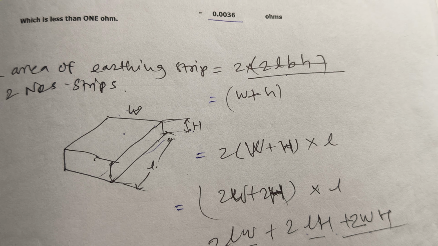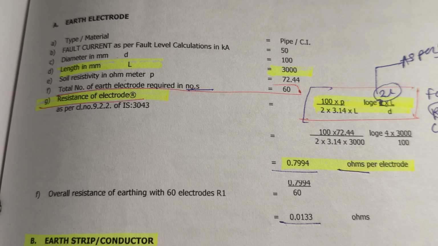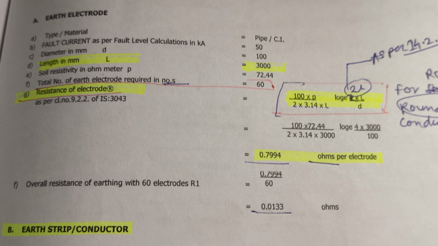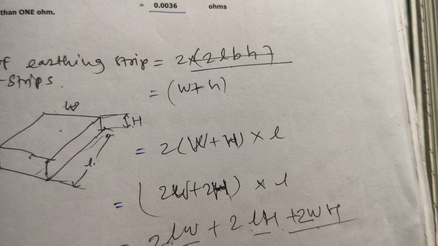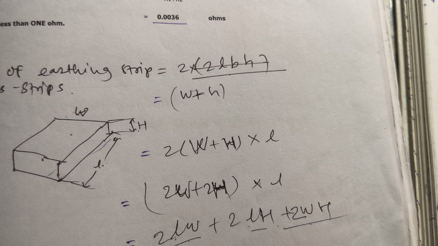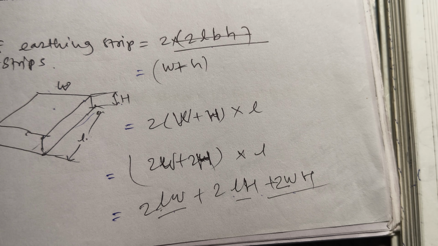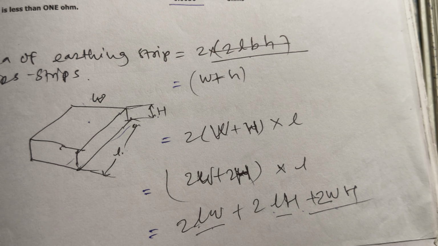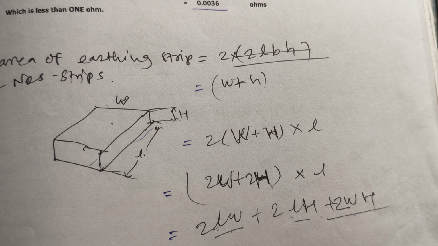Now this is the complete theory we have learned about IS 3043: how conductor cross-sectional area is calculated, how the number of earth electrodes is calculated, and then how the resistance of the earth pit and earthing grid is calculated. So for a pipe and an earthing strip, these are different.